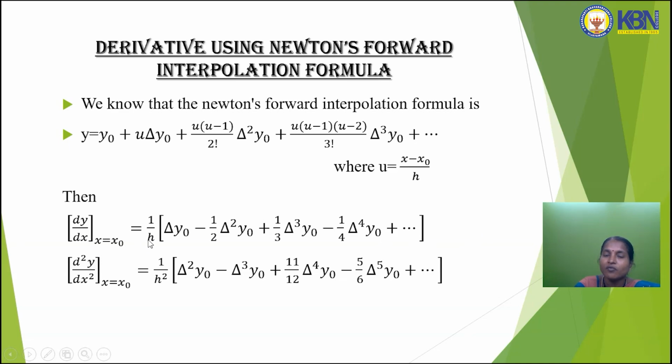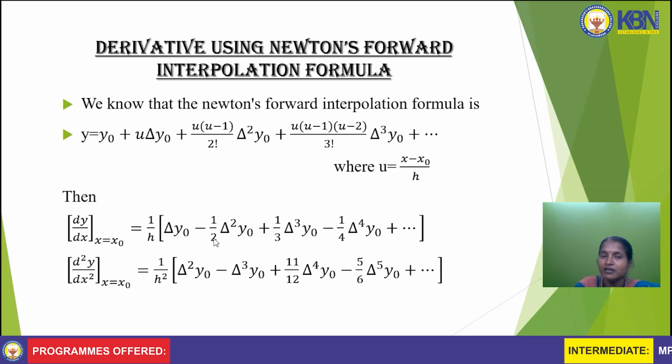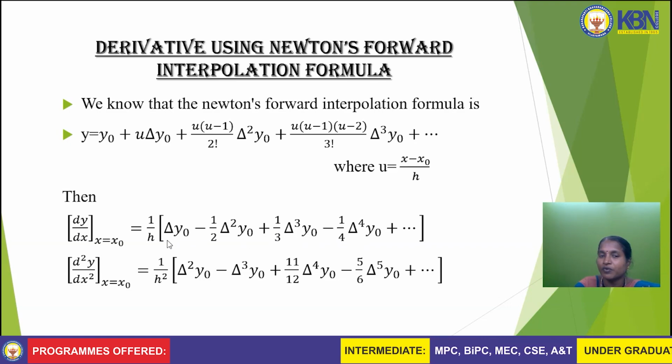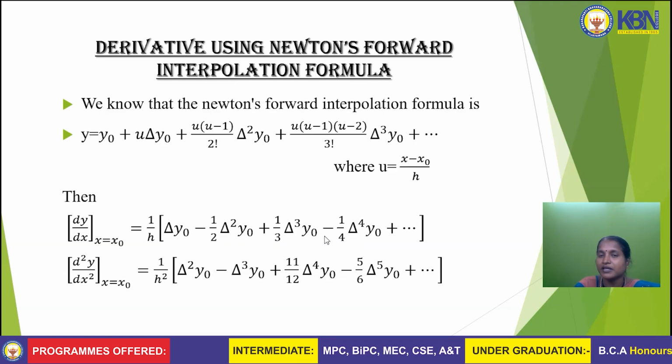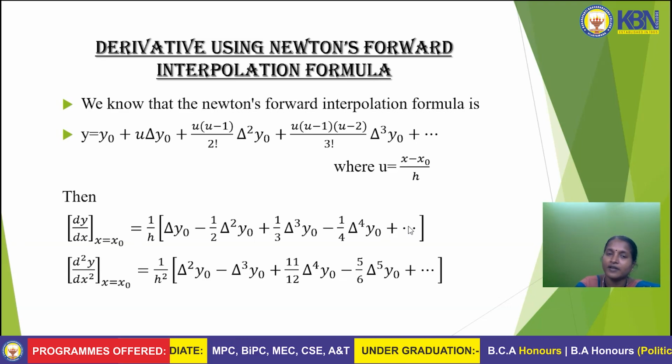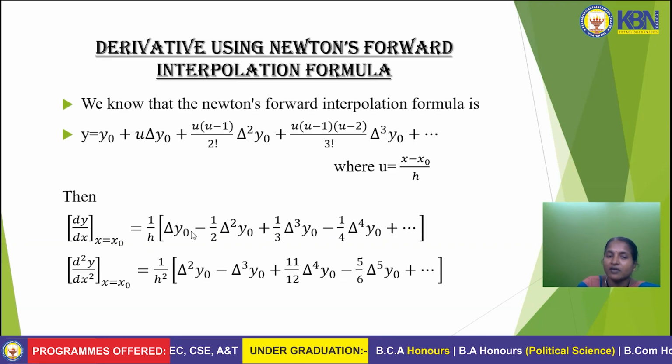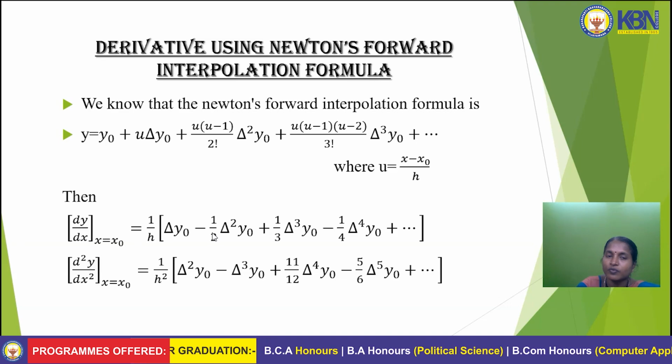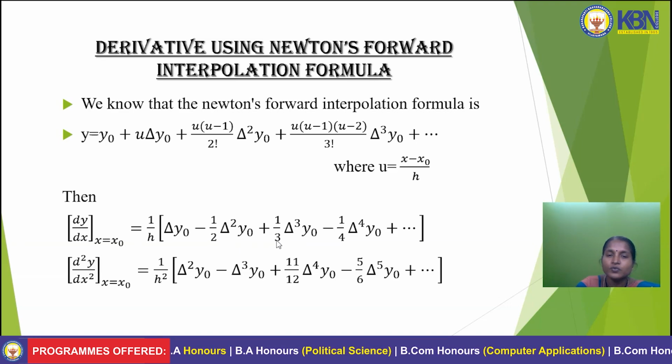The signs alternate plus, minus, plus, minus, and we remember the coefficients 1, minus 1 by 2, plus 1 by 3, minus 1 by 4 and so on.